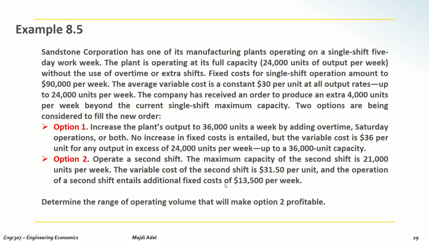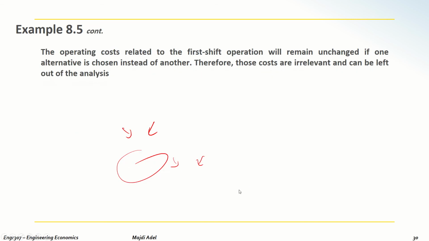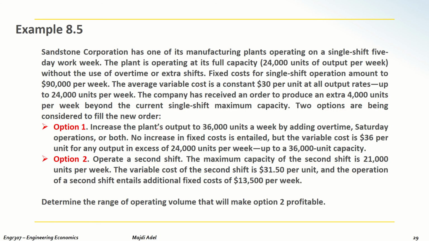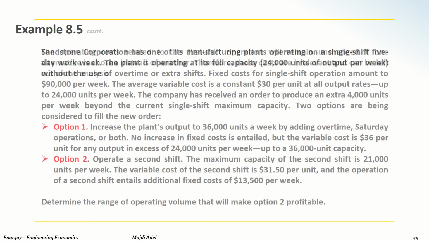Note that for the second shift the fixed cost is different from the first shift. The fixed cost of the second shift is 13,500. But for the first option the fixed cost is the same as the first shift, so we do not need to consider it in our analysis.